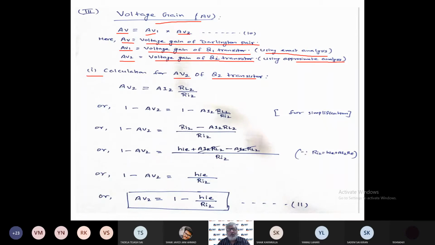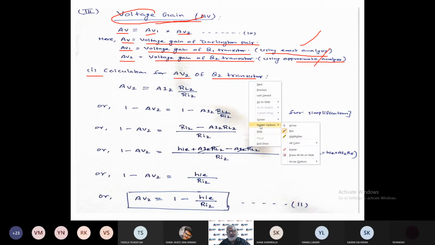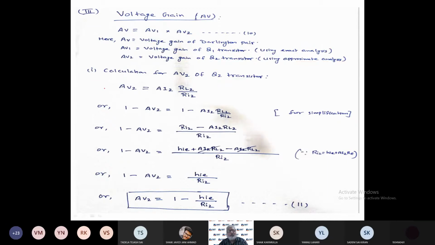In the exact analysis and the approximate analysis, if you remember, the formula for voltage gain is the same in both. So we will first find the voltage gain of Q2. The voltage gain of Q2 is given by the current gain of Q2, AI2, multiplied by RL2, the load resistance of Q2, divided by the input resistance of Q2.